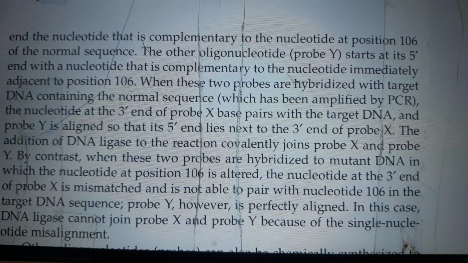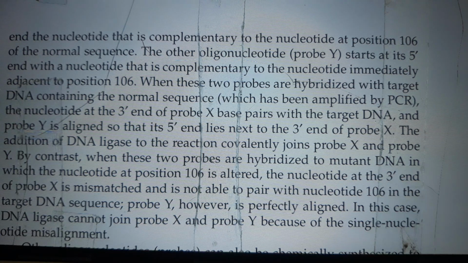the nucleotide that is complementary to the nucleotide at position 106 of the normal sequence. The other oligonucleotide, probe Y, starts at its 5' end with a mononucleotide that is complementary to the nucleotide immediately adjacent to position 106.